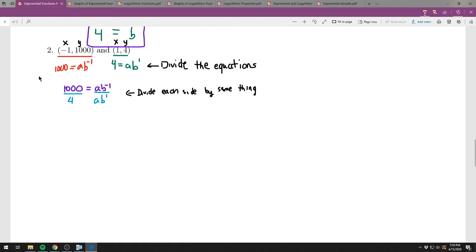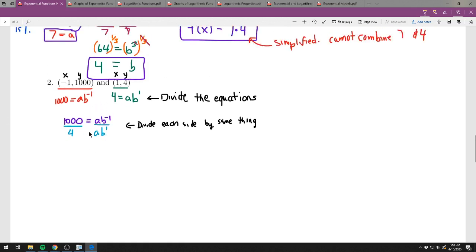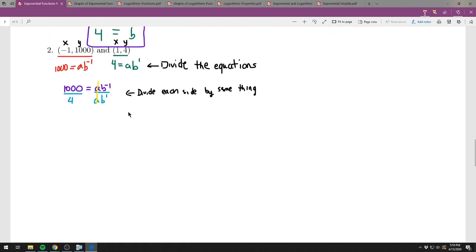Right, but the whole reason I like to do it this way is it's going to work every time because the way your equation is, they both always have an a here, and a divided by a, even though we don't know what a is, it's going to cancel out.